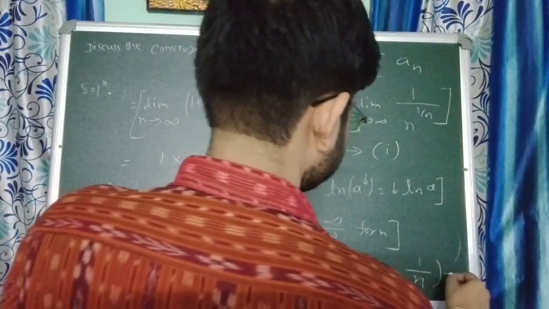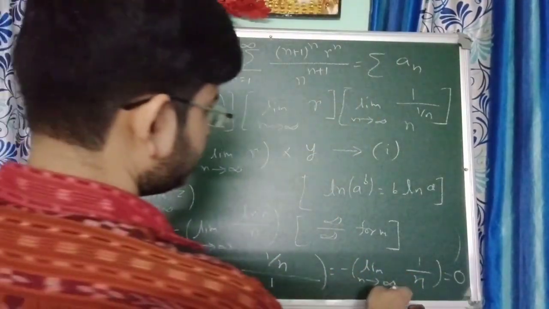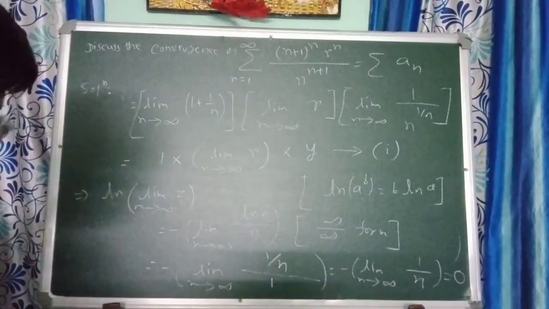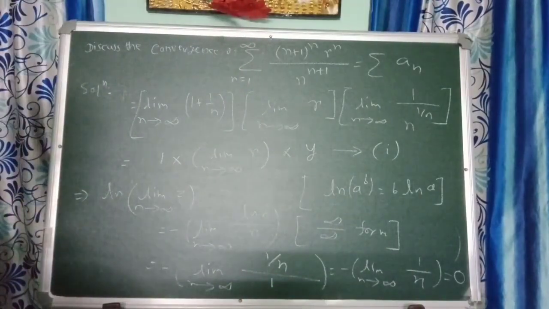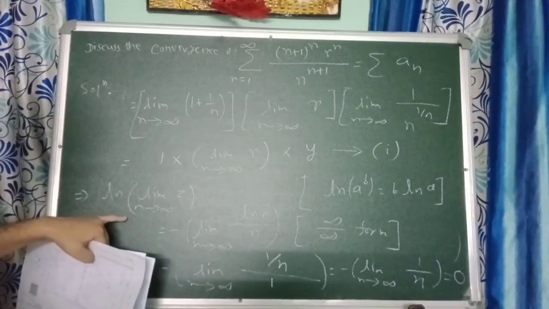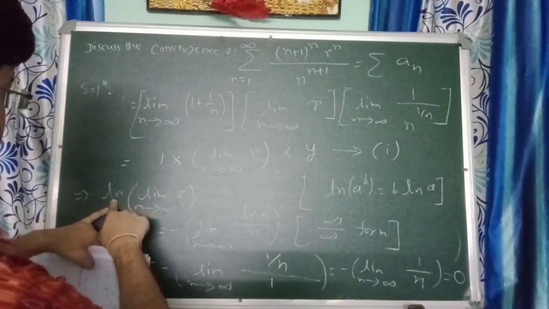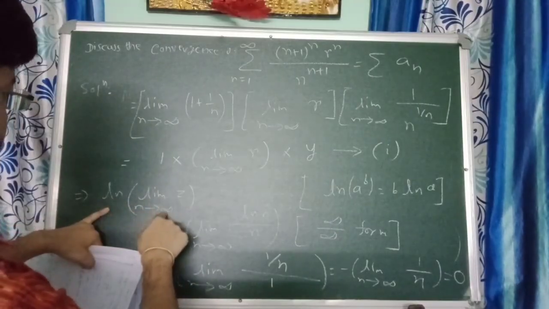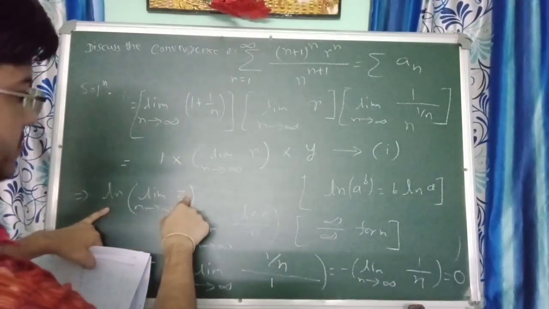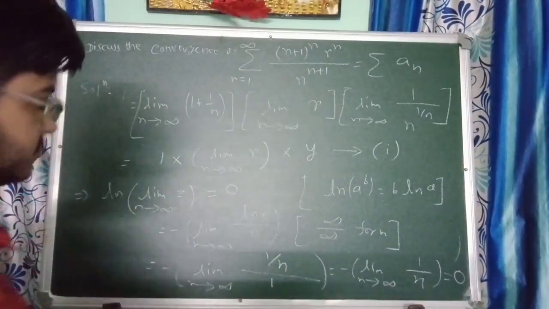This becomes 0, since as n tends to infinity, 1 by n goes to 0. So you finally get log of limit n tending to infinity z is 0, which is 0.